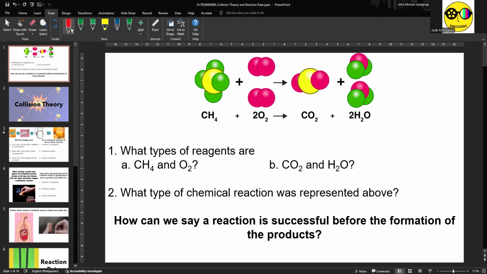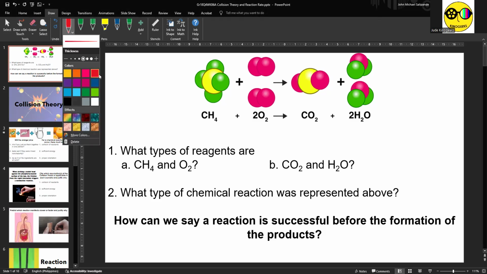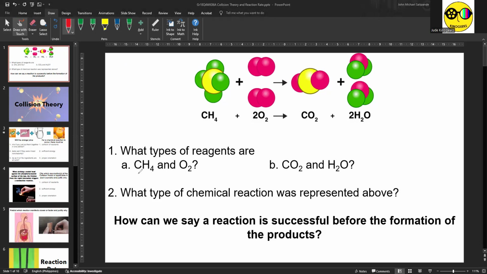Since both of them are located at the left side of the arrow, we will classify CH4 and O2 as our reactants. On the other hand, since both CO2 and H2O are found at the right side of the arrow, we will classify them as products.